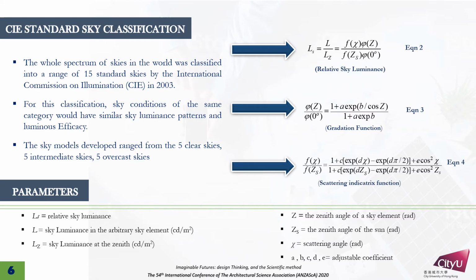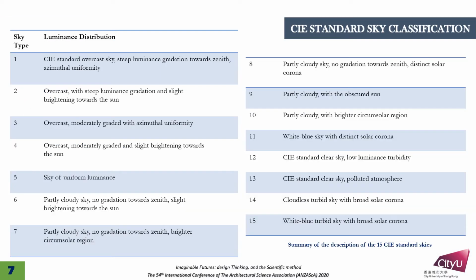The sky models were divided into 3 parts: the 5 clear skies, the 5 intermediate skies, and the 5 overcast skies. The table below gives a summary of the description of the 15 standard skies, where sky type 1 to 5 represent the overcast skies, sky 6 to 10 represent the partly cloudy or intermediate skies, and sky type 11 to 15 represent the clear skies.